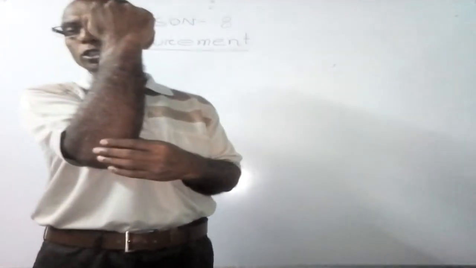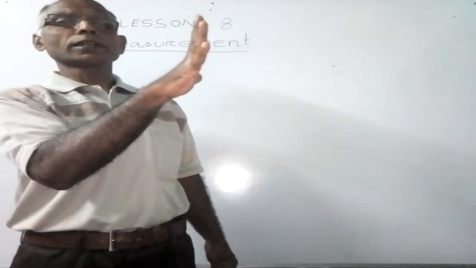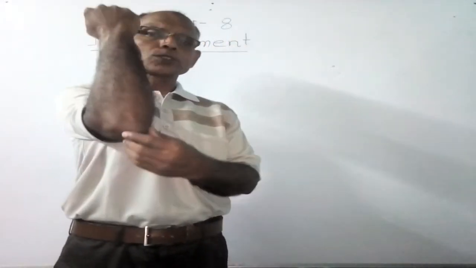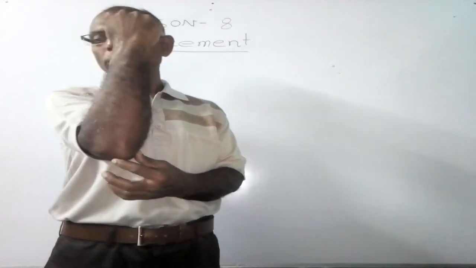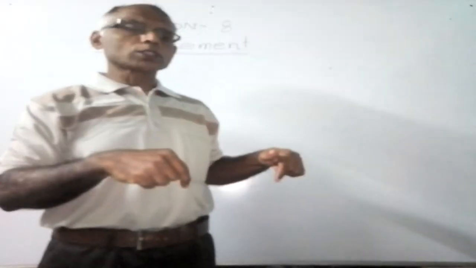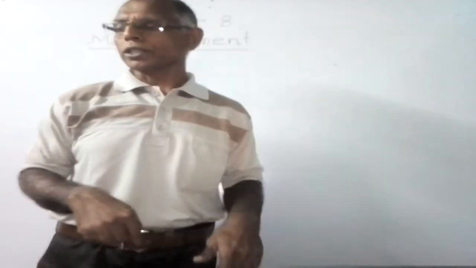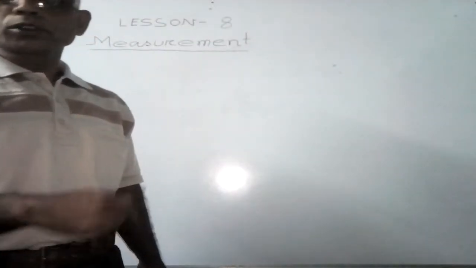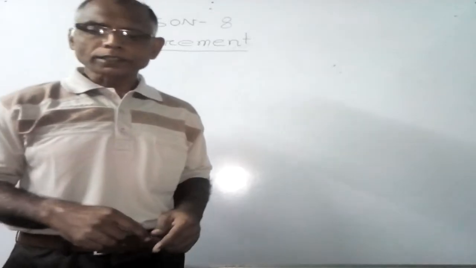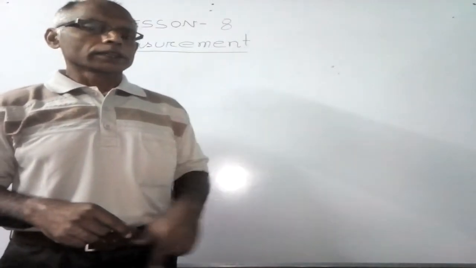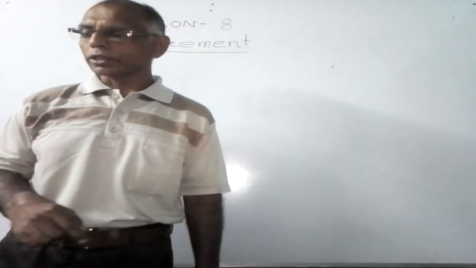Cubit. Hello students, you have understood? This is called what? Hand span. And this one is called cubit. And also you can measure length with your foot span, isn't it? When you walk, you can count with the help of your foot span the length of any distance, isn't it?